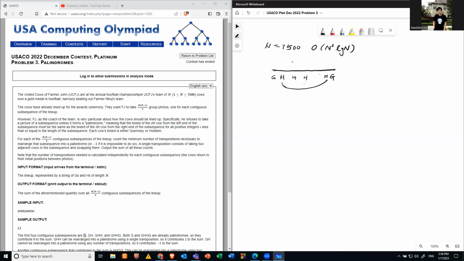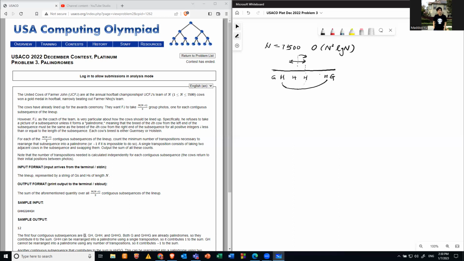Okay, and let's say you have a pair of edges, from here to here, okay, that's a pair. If you want to make it a palindrome, obviously you want to make the middle of this pair the middle of this whole subsequence, right? So basically you have to move this to here.